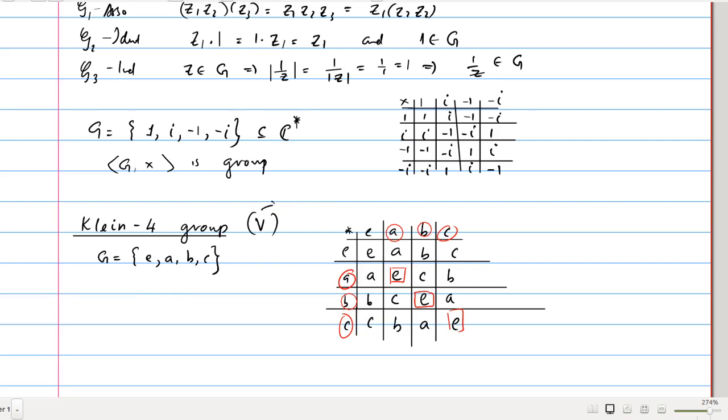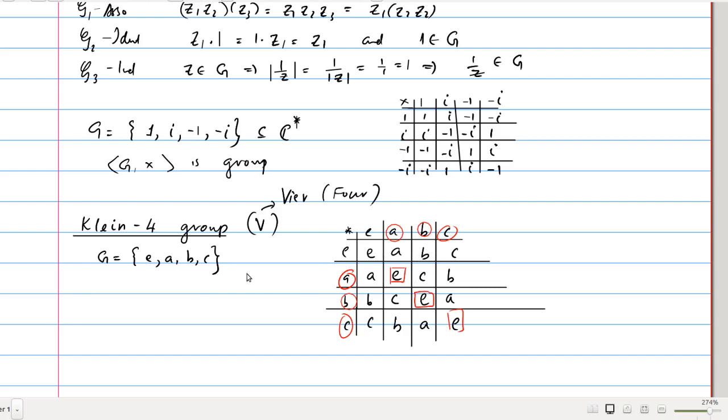This V stands for the German word, where the meaning of this is 4. Any group with 4 elements with the same group table as this is called the Klein four group.